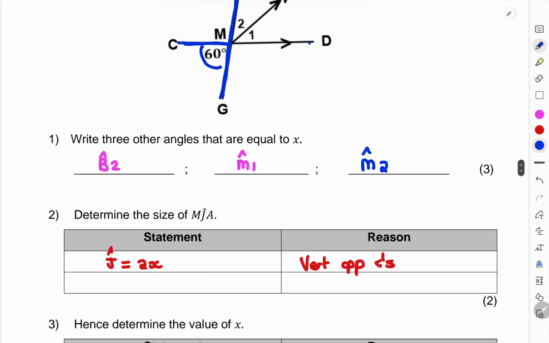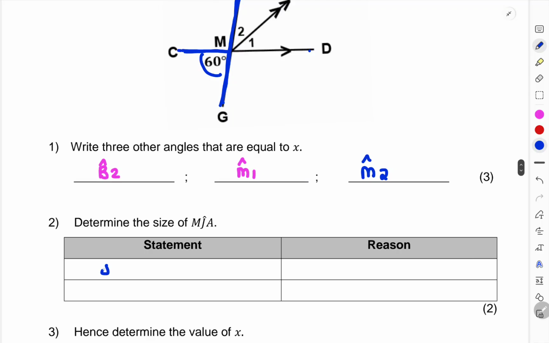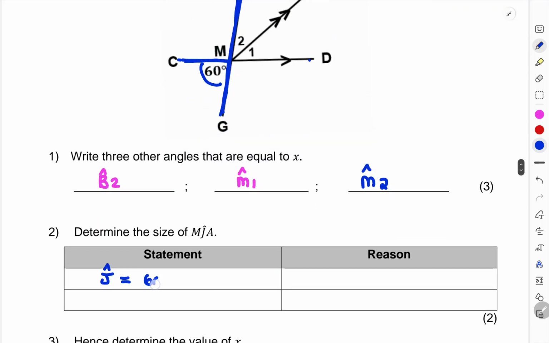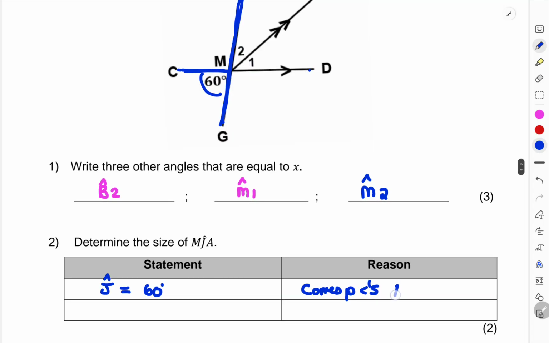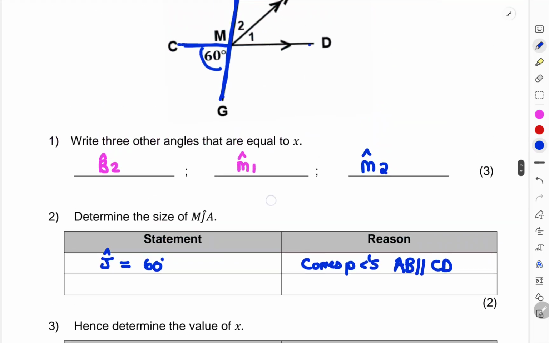So later on, I'm sure they'll ask you to find x. So they just lead you up to that question. So angle J is equal to 60 degrees because of corresponding angles. Very important, you have to say AB is parallel to CD. Hence, determine the value of x.